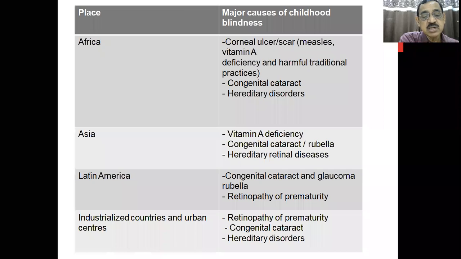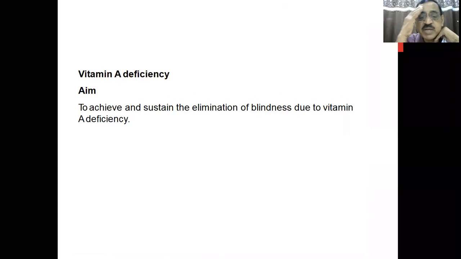In industrialized countries and urban centers, retinopathy of prematurity, congenital cataracts, and hereditary disorders contribute as the major causes of childhood blindness. Previously we used to see a lot of cases of vitamin A deficiency, Bitot's spots, and so on.